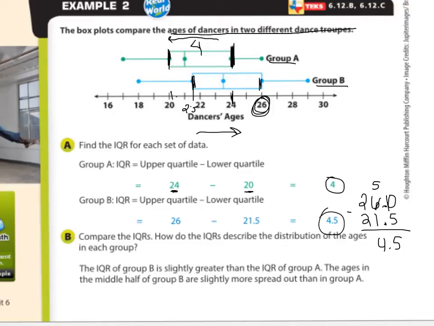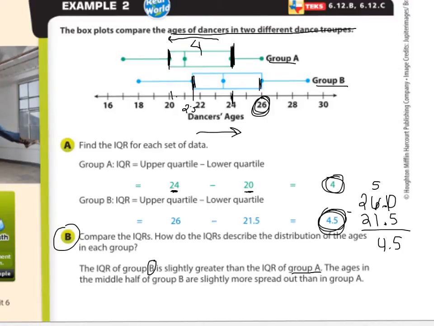So B says compare the interquartile ranges. How do the interquartile ranges describe the distribution of the ages in each group? In other words, how it's spread out. It says the IQR of Group B, 4.5, is slightly greater than that of Group A, which was 4.